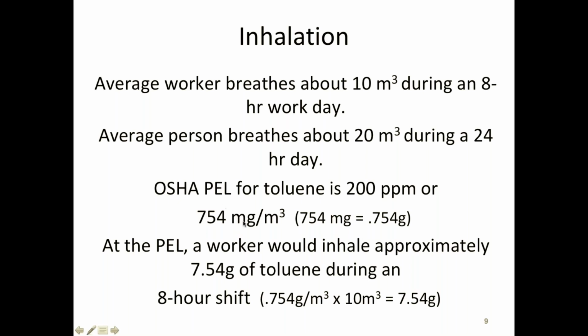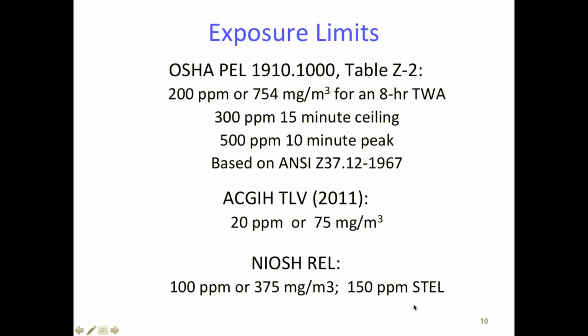Since there are 754 milligrams in a cubic meter at the permissible exposure limit, in other words 0.754 grams, if you multiply by 10, you get the actual dose, the amount he would breathe in during an 8-hour exposure. Look at the dimensions: 0.754 grams per meter cubed times 10 meter cubed. The meter cubed drops out, and you get the actual exposure of 7.54 grams.